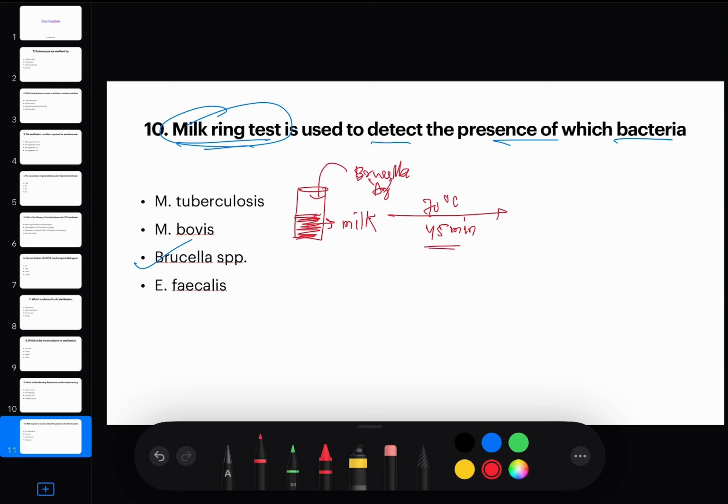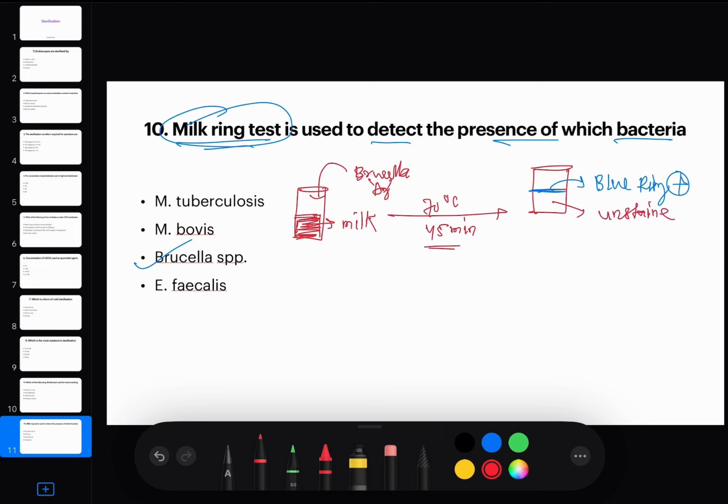If the milk contains the antibody, it combines with the Brucella antigen and forms a ring. If antibody is present, there is a blue ring. Blue ring is positive, and the rest of the milk remains unstained.